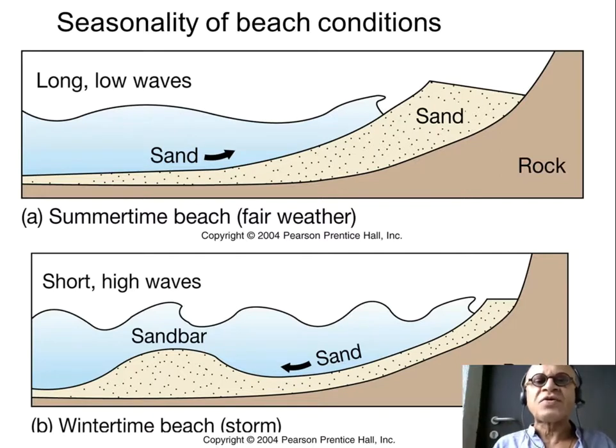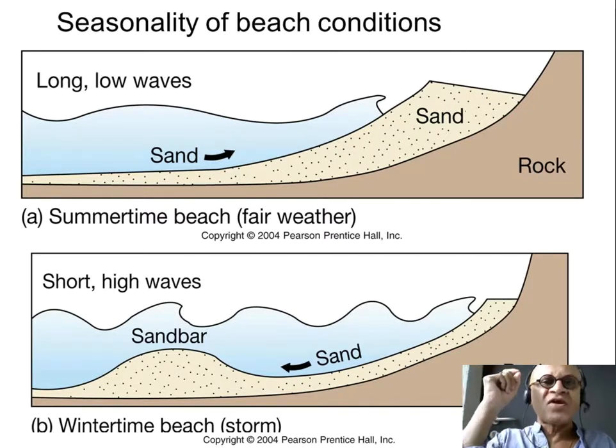So that's how a typical summertime beach would look, because in the summertime you have fair weather. Go back to your concepts and think about why summer should have fair weather. It always comes down to the energy transport. In the summer you have more energy coming in to the hemisphere which is having summer. So all the latitudes are getting more energy from the sun than in the winter.